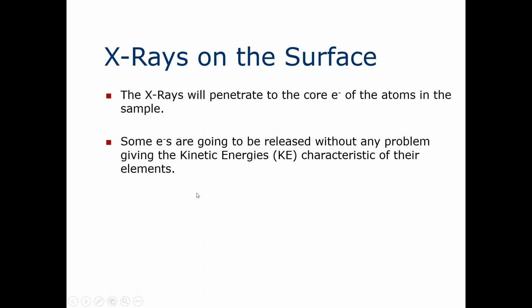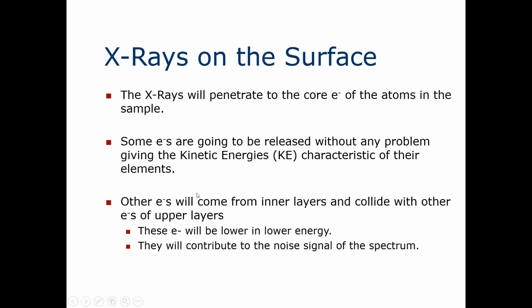And then we can have other electrons which come from the inner layers and collide with other electrons of the upper layers. What is the outcome for these electrons? They will be lower in energy, and along with that they will contribute to the signal of the spectrum.